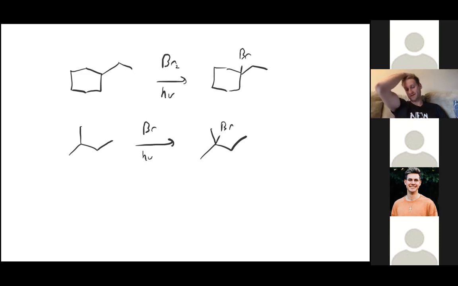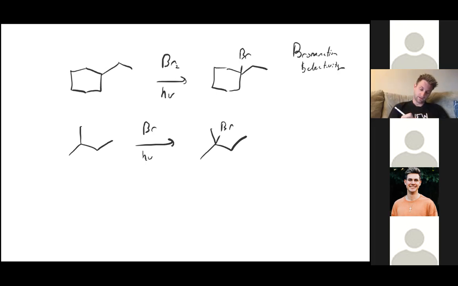Our selectivity factor for bromination reactions is extremely high. Because Br is such a large molecule, it can handle a radical pretty well.